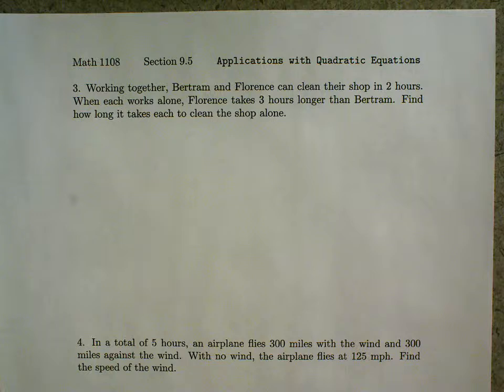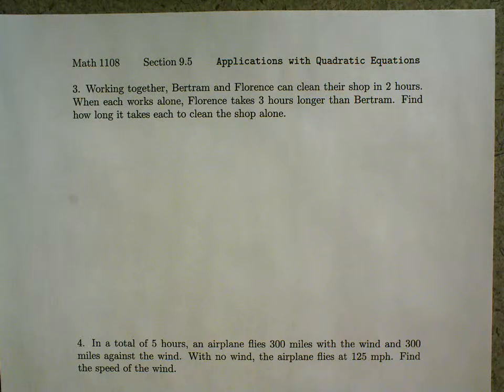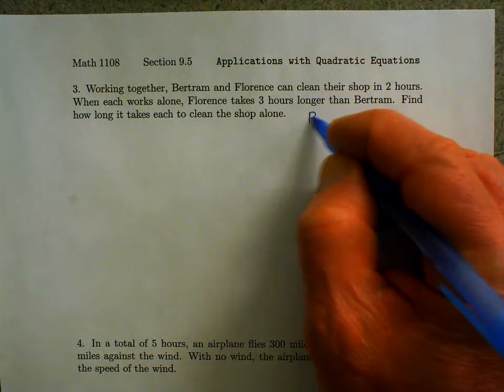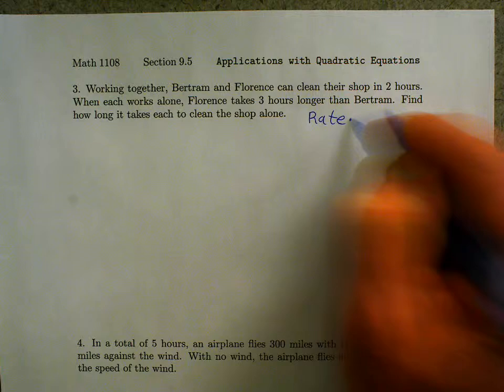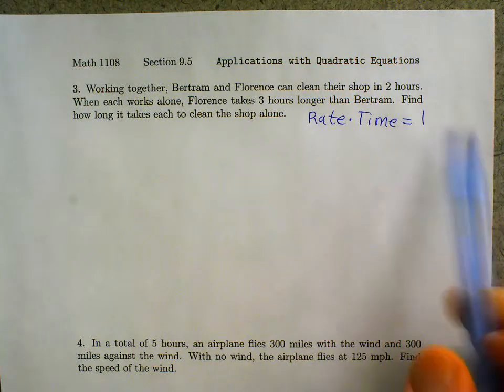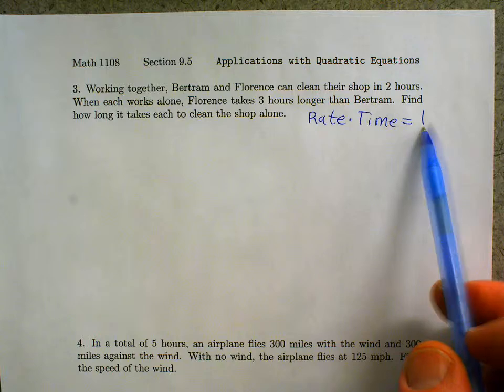Hey, this is a work problem, so equations have the form rate times time equals 1. 1 represents the task or job that they're doing.